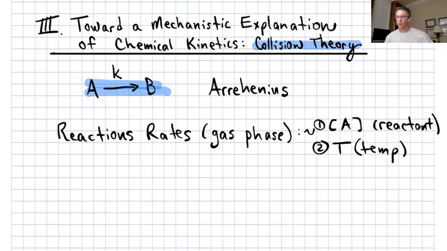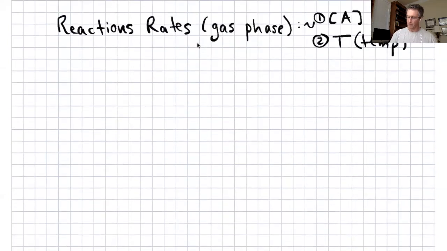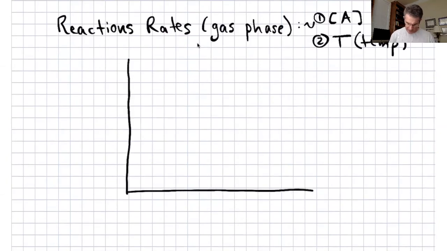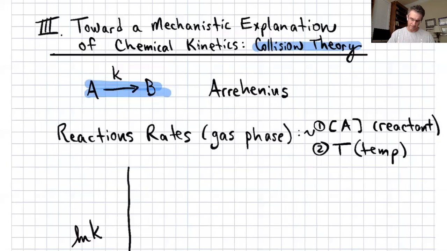All right. So Arrhenius took some of these ideas and he thought about it, and he did a lot of measurements. And what he showed was something pretty important, which is that for these relatively simple chemical reactions in the gas phase, if you considered the natural log of the rate constant, right?